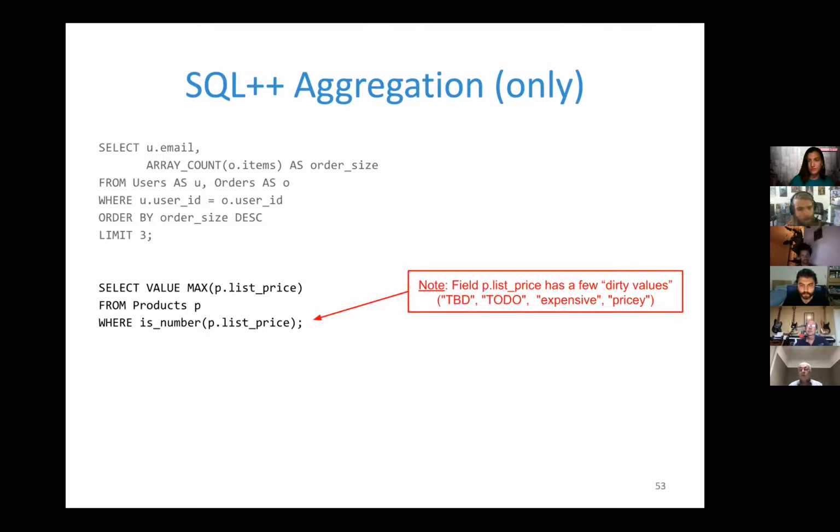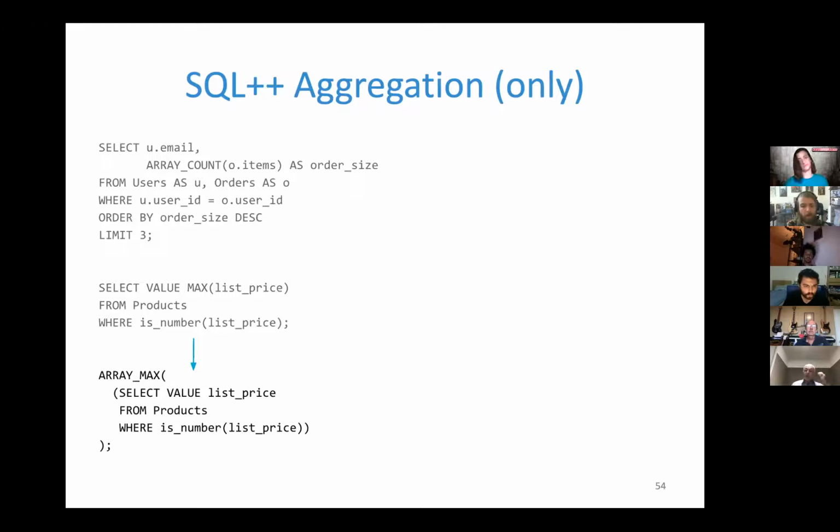And then we would determine the maximum based on the parameter that you give to the max function, which is the list price, but it's actually the column that you're aggregating over.